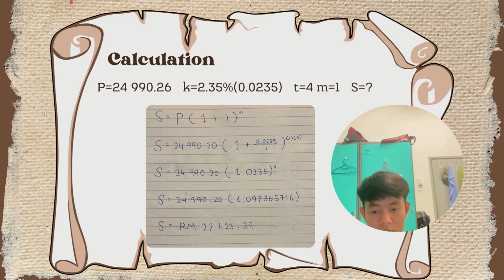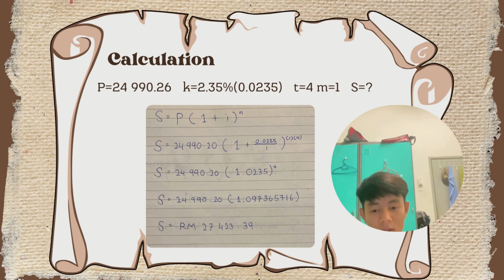S equals 24,920 cents times 1.0235 to the power of 4, which equals 1.09736576. Just a friendly reminder: we need to keep all of the decimal points until the final answer, where we take the last 2 decimal points. So the final answer is S equals 27,423 ringgit and 39 cents.